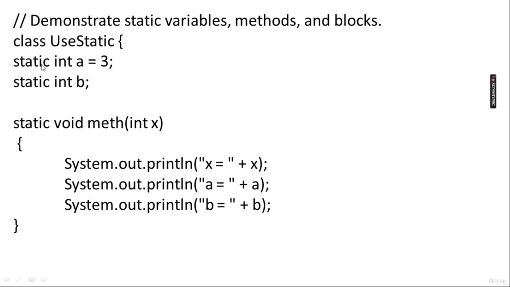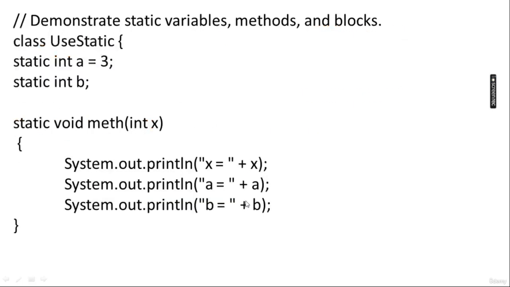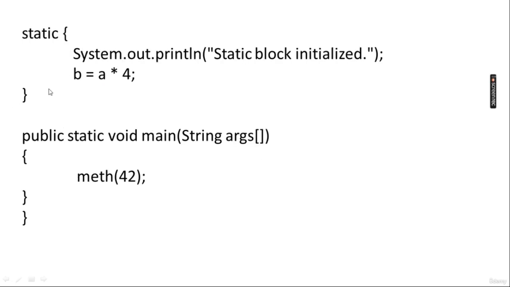Why are they called static? Because a static method can only access static data. They can only call other static methods, and they must only access static data. So the data that this method is operating upon should be static. For that purpose, this is static and this is also static.